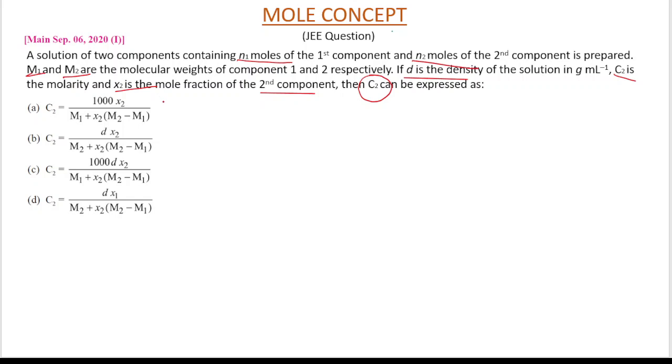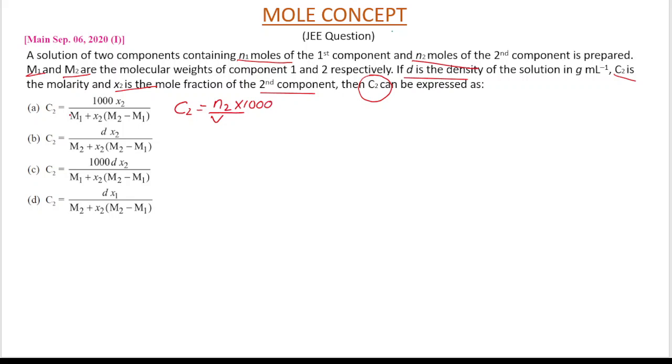So if I write the formula of molarity, so molarity, that is C2, is equal to number of moles of solute divided by total volume in liter. So if I want to express in ml, I have to multiply here by 1000.